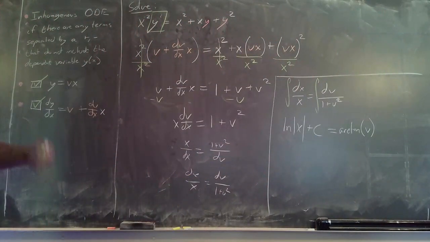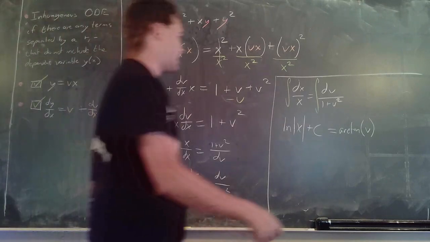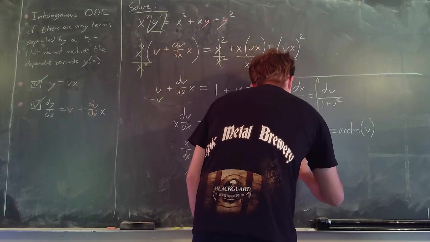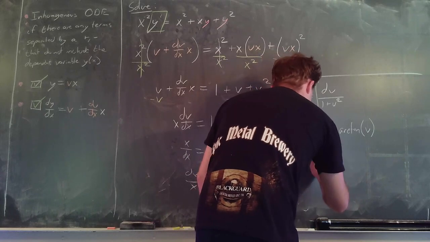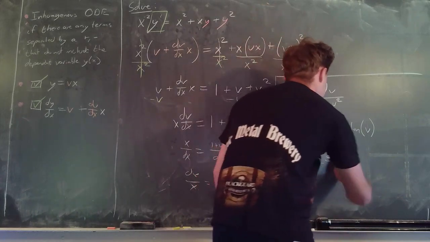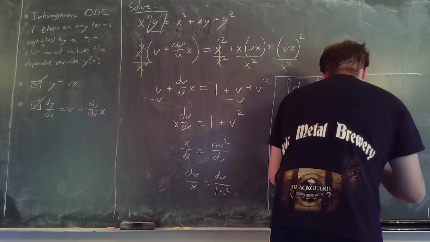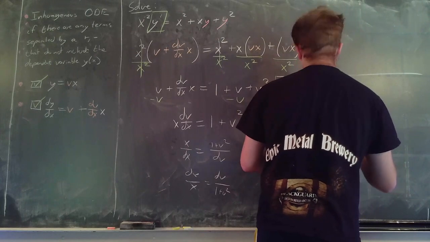Okay, but we noticed that we made a substitution originally, and that is that y was equal to v times x. So v is equal to y over x. So as I go through my final general solution here, I'll get the ln absolute value of x plus c is equal to the arctangent of, and then I replace with what my substitution was originally.